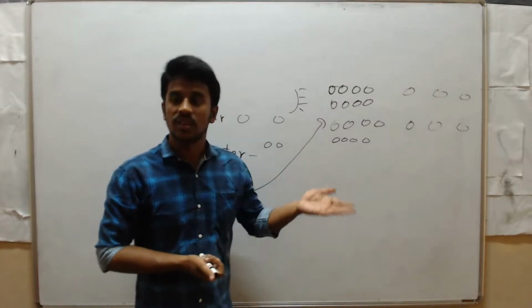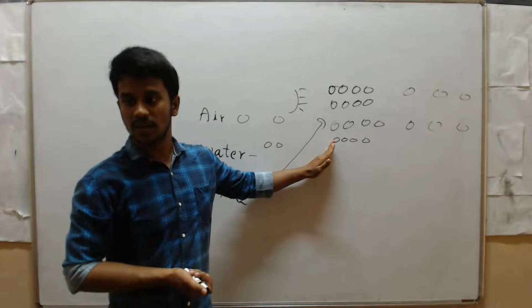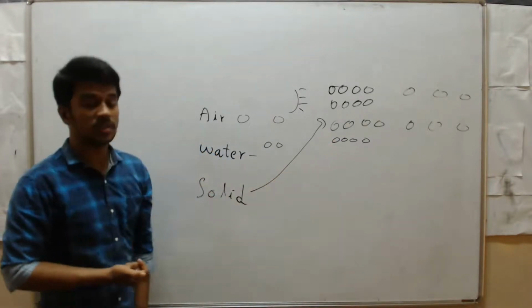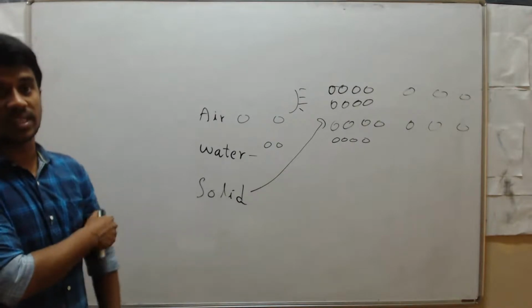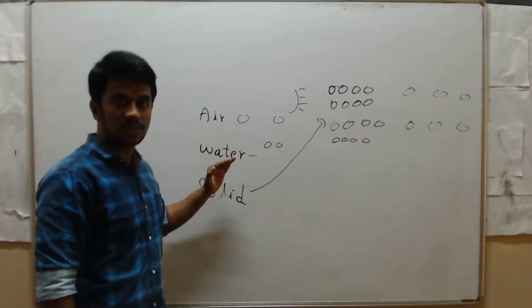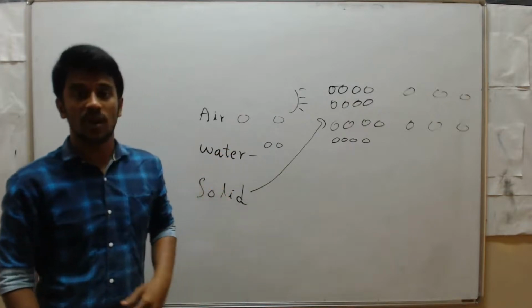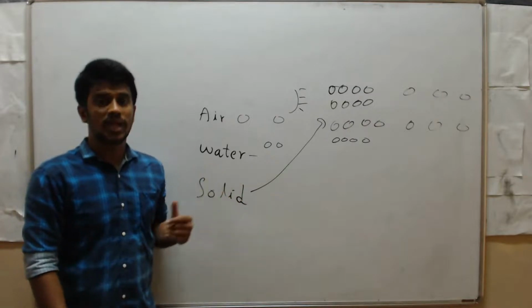Which means the speed of sound is maximum in solids. Why? Because in solids the particles are tightly arranged, so the speed of sound increases. But what about water? It is a little less compared to solid, because in water the particles are loosely arranged.